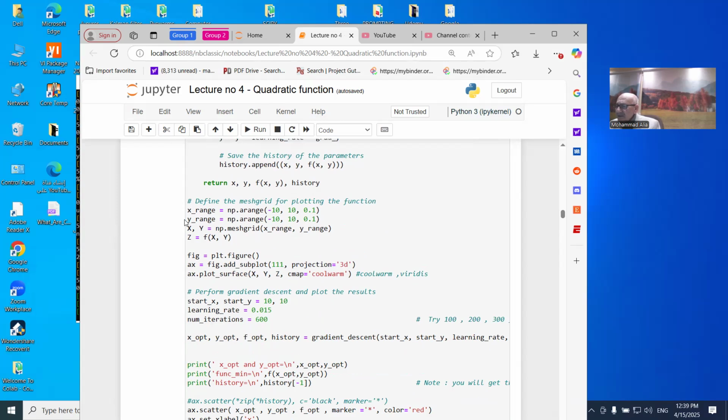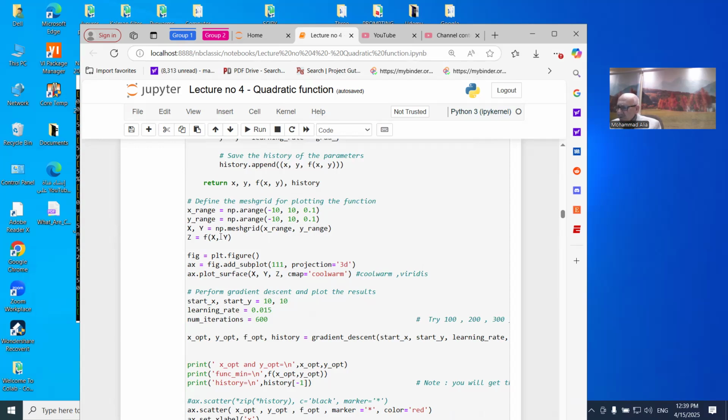As ranges, as you see, we have limited the x range between minus 10 and 10 with a step of 0.1, and the y range also we have defined between minus 10 and 10, also with a step of 0.1. Now, in order to plot the function in three-dimensional coordinates with Python, we need to create a mesh grid.